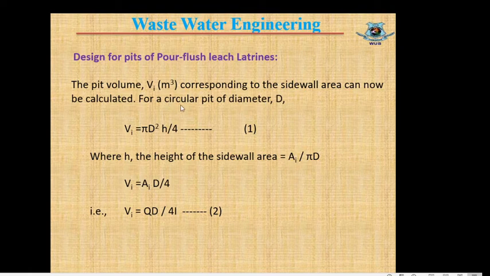Generally the pit considered in this design is circular. If we use a square or other pit shape, then D will be that size. Say if we use a square and take the length of one side as 1.5 meter, D will be 1.5 meter, and if we use a circular pit of 1.5 meter diameter, then D will be 1.5 meter. And I is the long term infiltration rate, which I showed you in the previous slide.